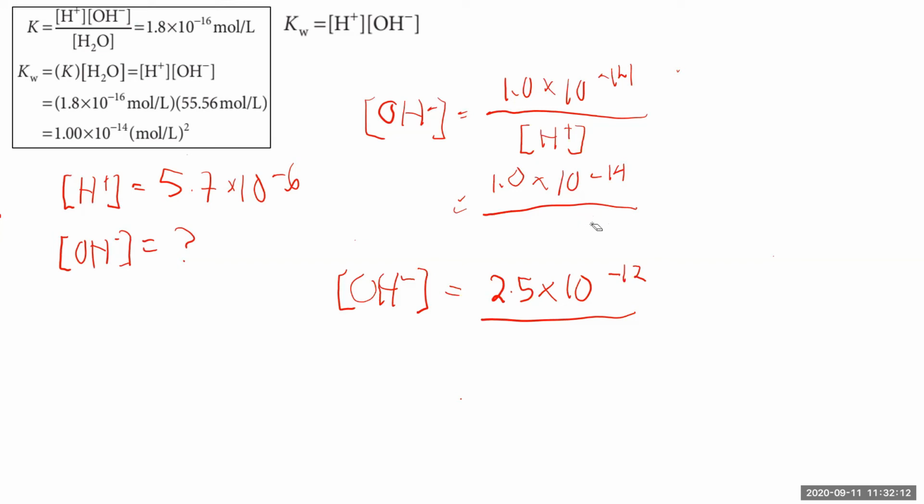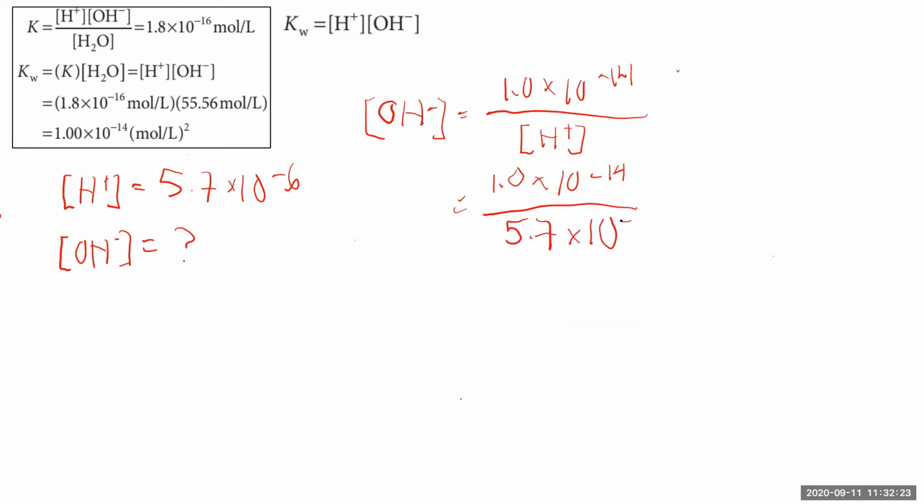So, we have 5.7 times 10 raised to the power of negative 6. So the value now of the hydroxide ions, or the concentration of the hydroxide ions, is 1.8 times 10 raised to the power of negative 9.